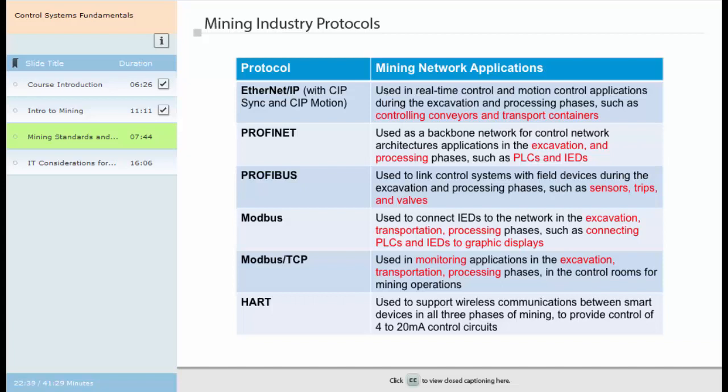Some mines have introduced Modbus TCP to take advantage of cost-efficient Ethernet network cards, switches, routers, and cabling. HART provides intelligent networking control for plant-wide wireless mesh networks. Interfaces from 4 to 20 milliamps control circuits and is used in all phases of mining.